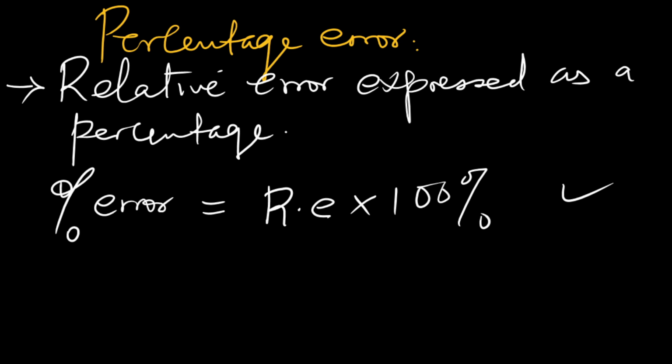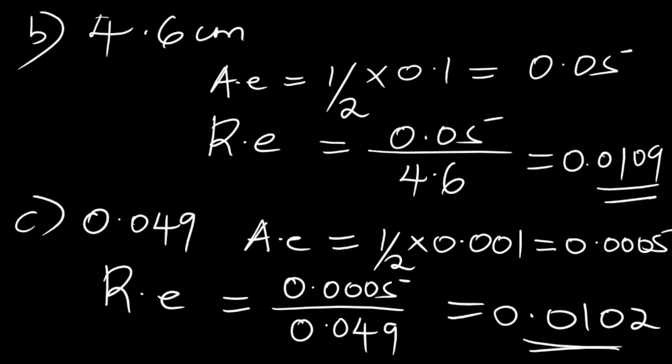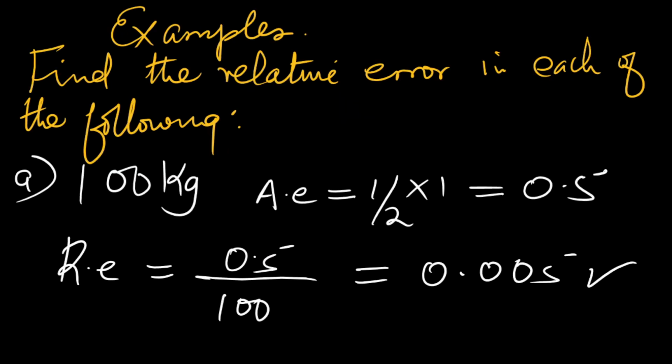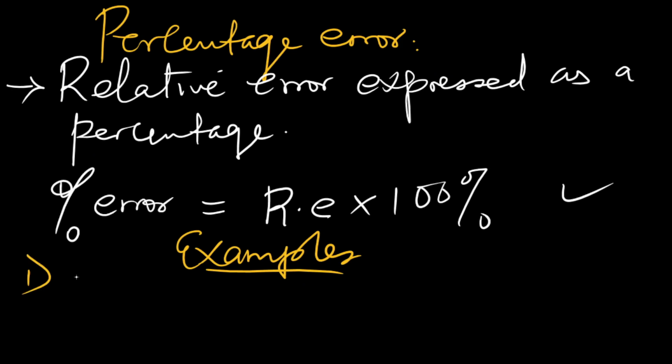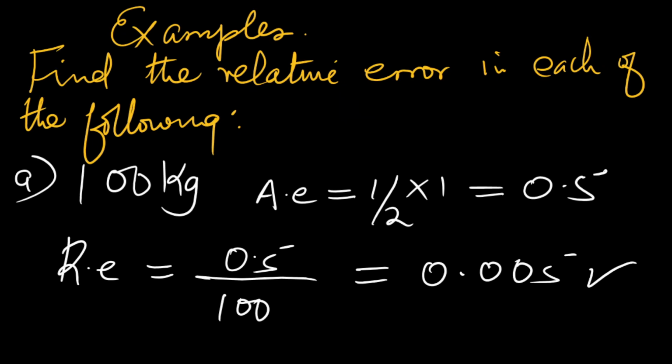In the first example in the previous slide, we found the relative error in 100 kg. Now we want to find the percentage error in 100 kg. As we've said, we get this by relative error times 100%. We already have the relative error in 100 kg.